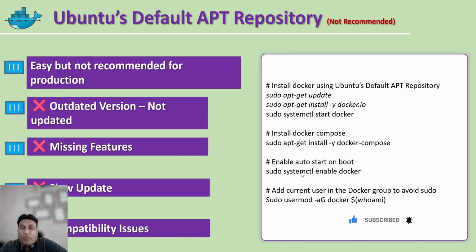And then we also enable auto start on boot, meaning that when you shut down your machine and restart it, we want to make sure Docker is already started together with your machine boot. And then we are also adding a local user to the Docker group so they can run Docker commands.